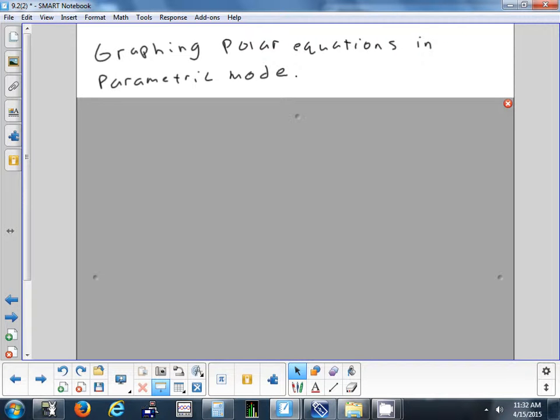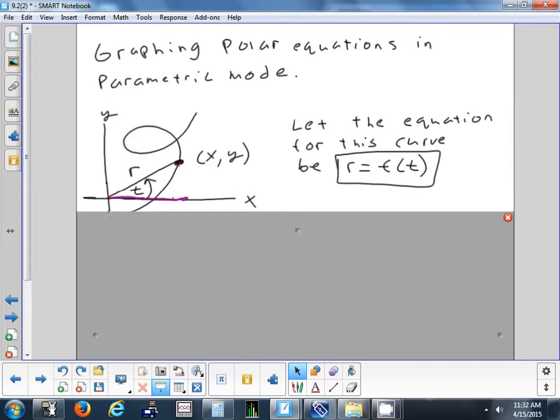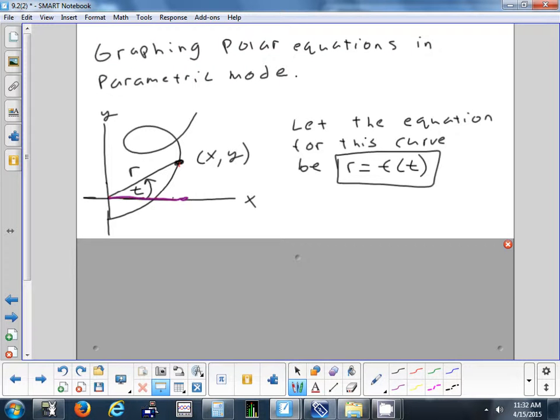All right. So now we're going to look at how we can take a polar equation and put it in parametric mode. Pretend that you had some curve in polar. Doesn't matter how you sketch it, just any curve. And I've marked a specific point on the curve.